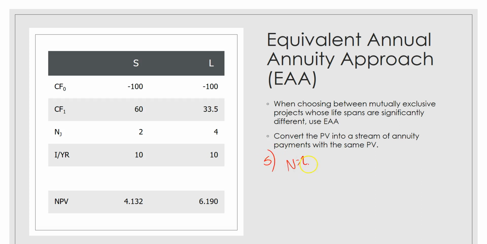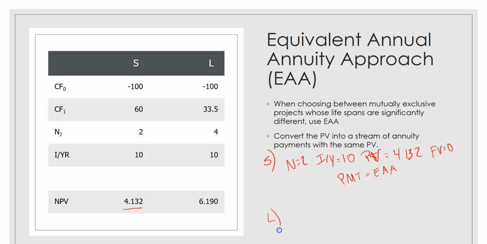Our discount rate is 10%, that was given to us. The present value is what we calculated as our net present value, so 4.132. Again, this is in thousands. And our future value is 0. So we can solve for payment. Our payment would be our equivalent annual annuity.